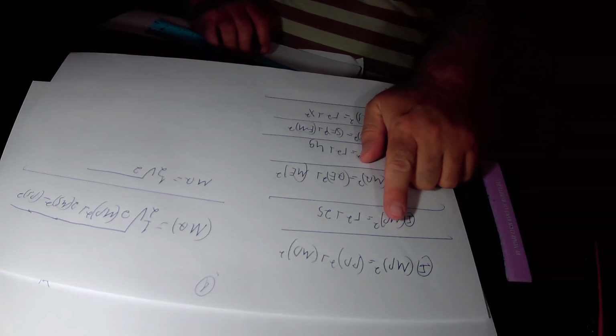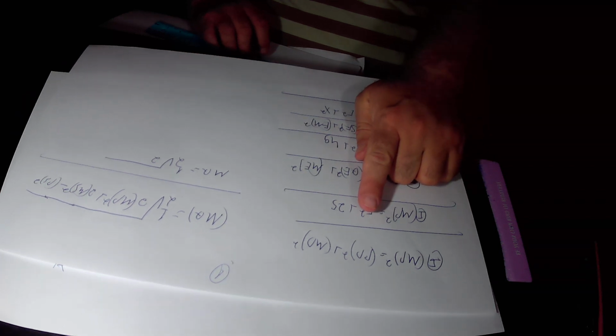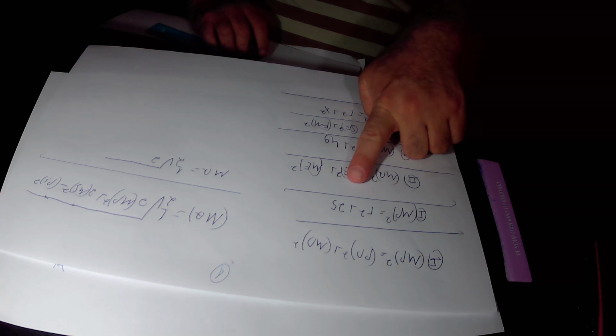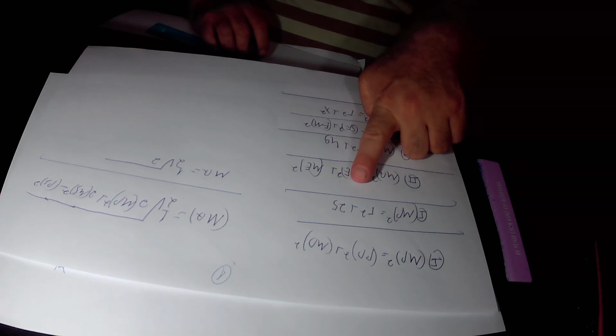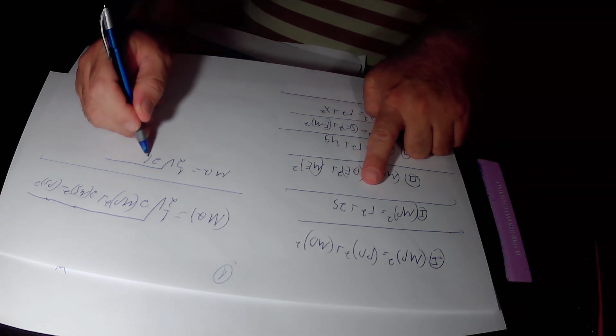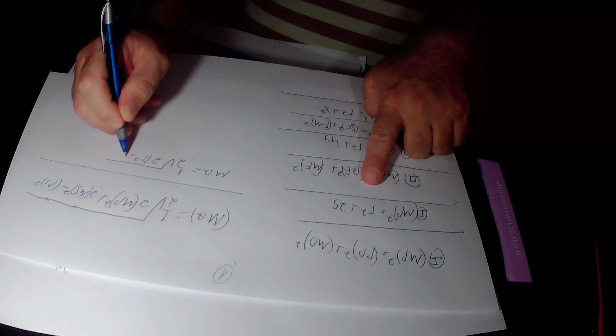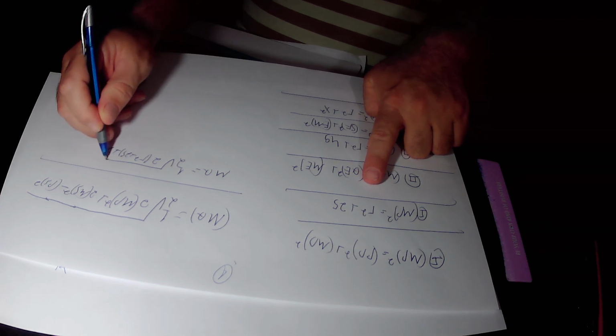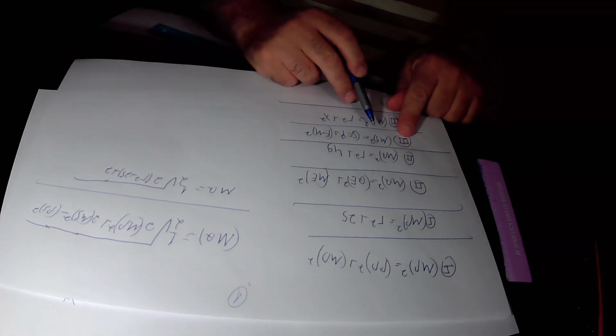MP squared equals r squared plus 25, so we can substitute MP squared by r squared plus 25. Plus 2 times MS squared.